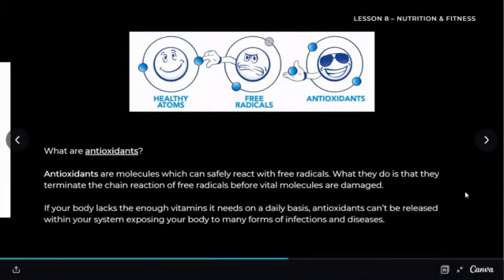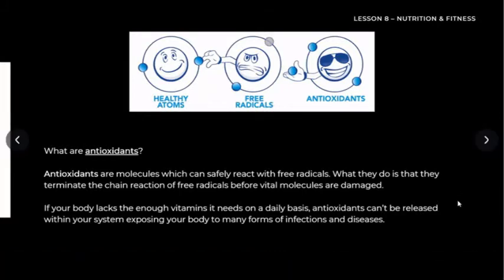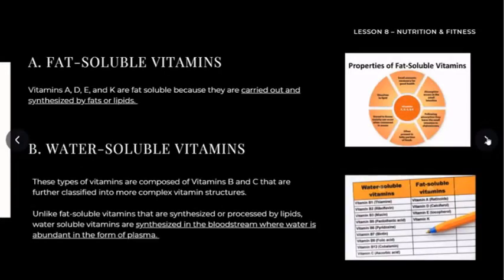So aside from taking enough macronutrients that our body needs, we should also take enough vitamins so that we can release the antioxidants in our body for us to avoid having diseases and infections.